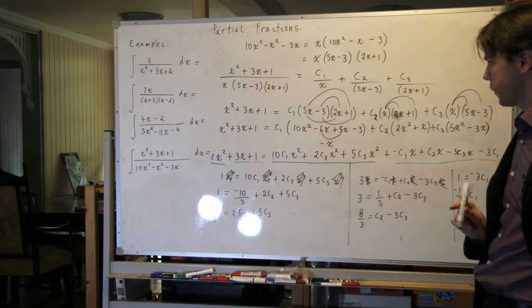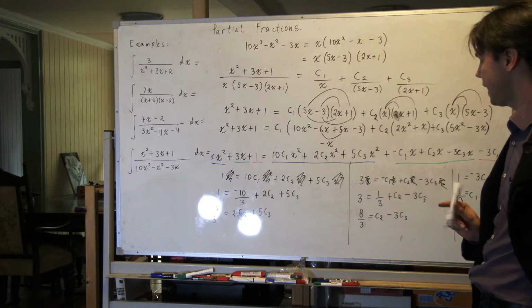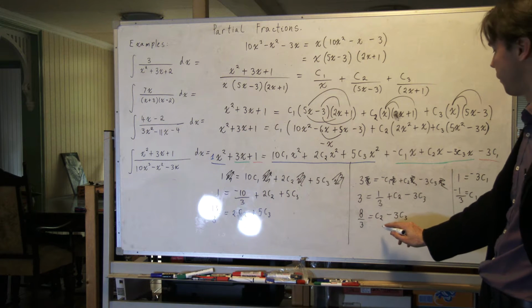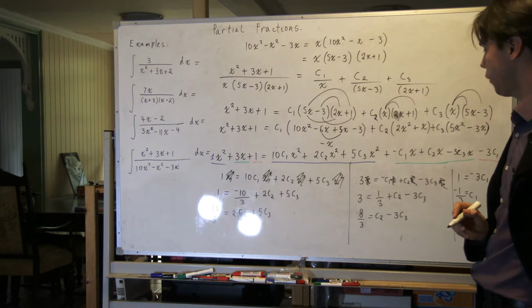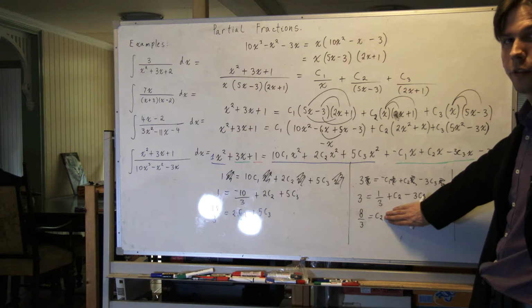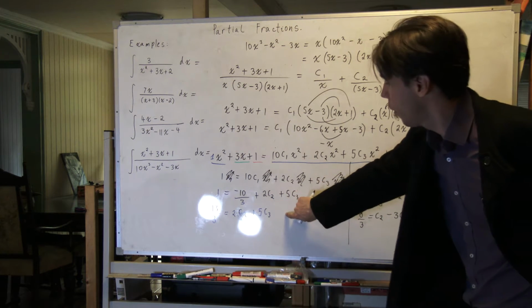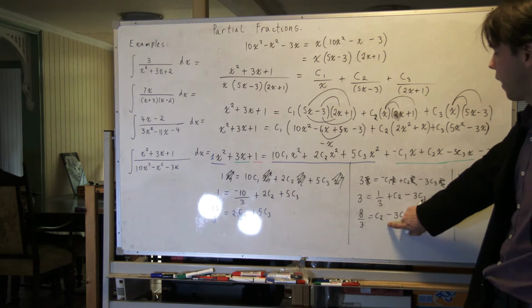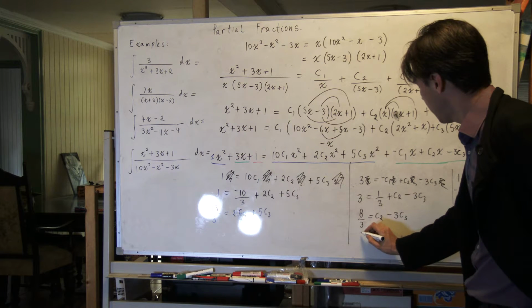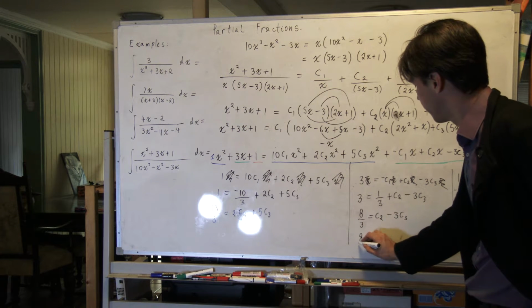Okay. So probably the easiest equation to rearrange is the second one. If I add 3C3 to both sides, it'll get rid of that, and I'll make C2 my subject. So then over here, where I see C2, I can swap it out for whatever C2 is over here. So I add 3C3 to both sides.